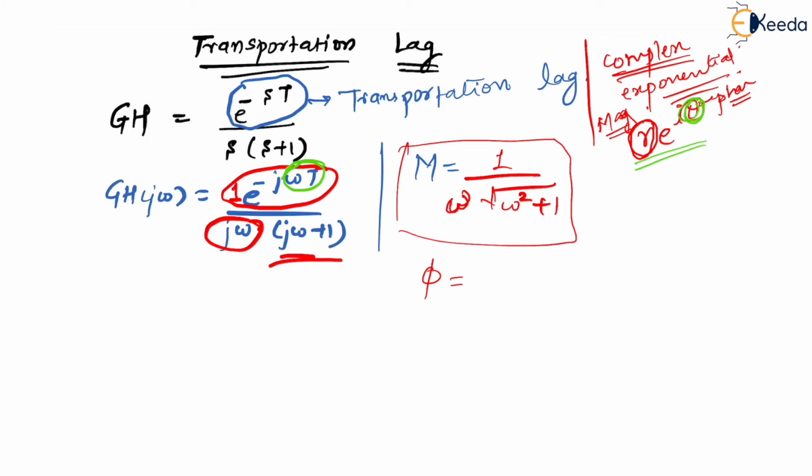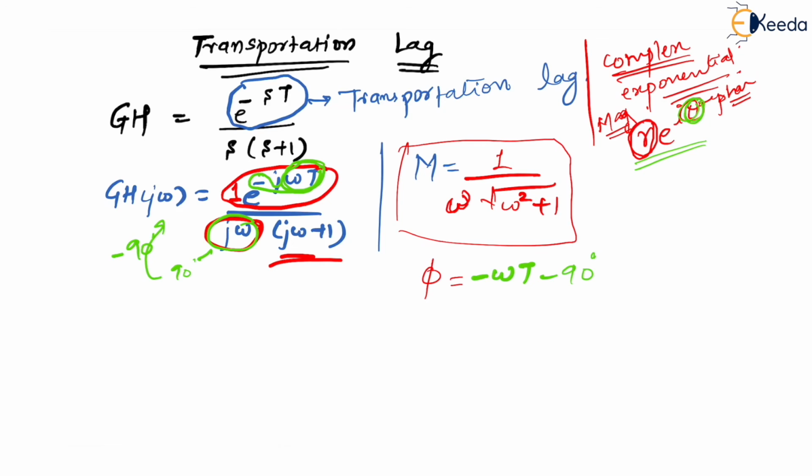So with j, what we have is minus omega T. Which means the phase is minus omega T for the numerator. What about the denominator? You have this j omega. This j is 90 degrees, going to the denominator it becomes minus 90 degrees.